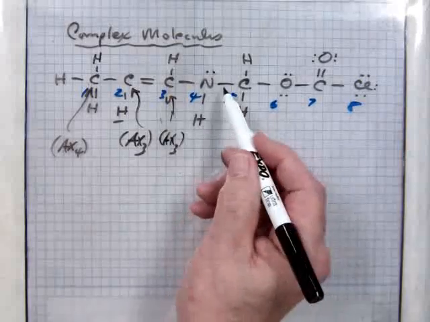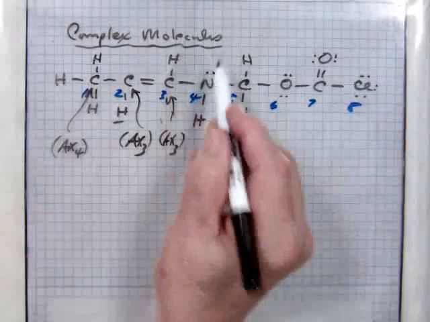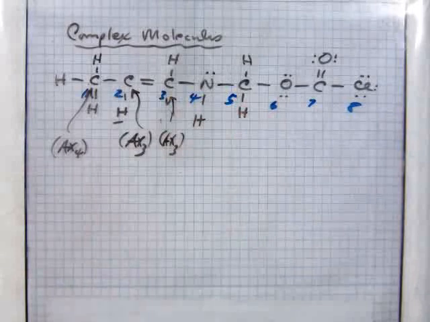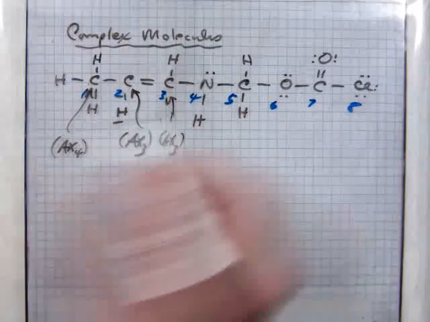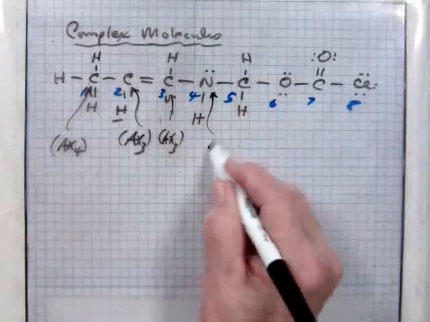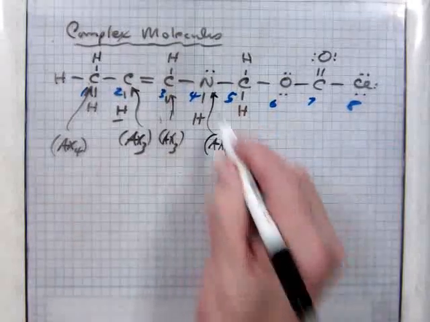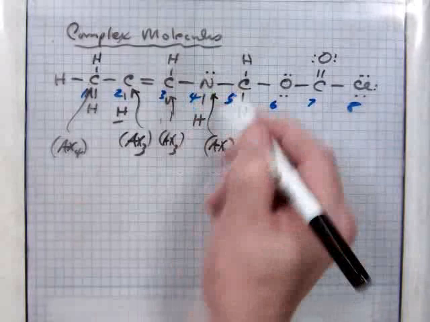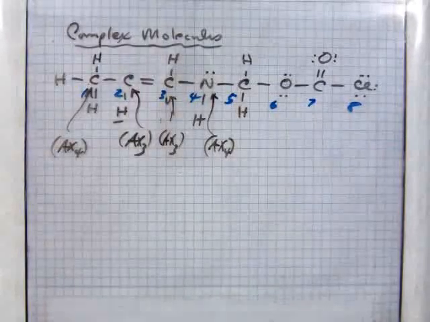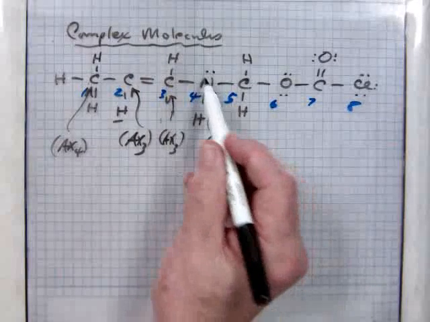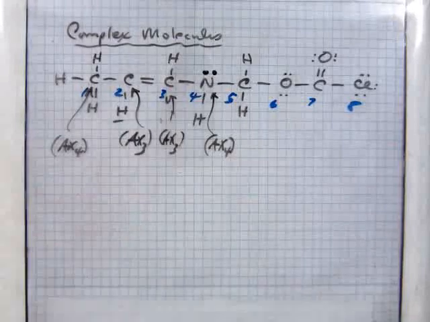Now here is 3 bonds with a non-bonded pair. That's 4 electron pairs. So around the nitrogen, we have an AX4 parent. So you have to draw it out in a tetrahedral configuration if you get to the nitrogen because of the nature of that system.